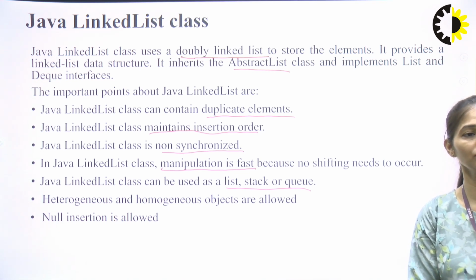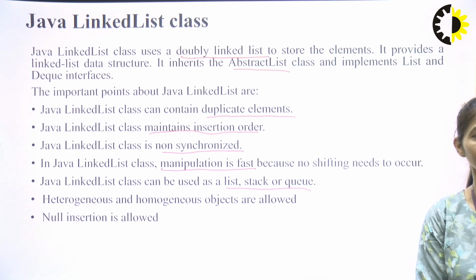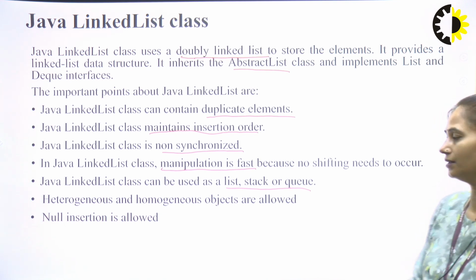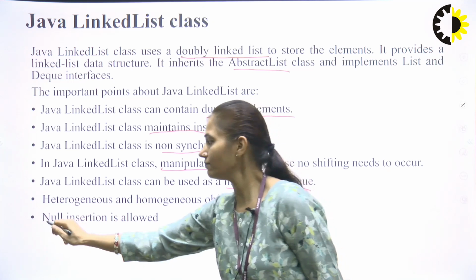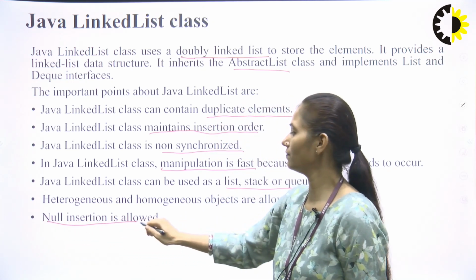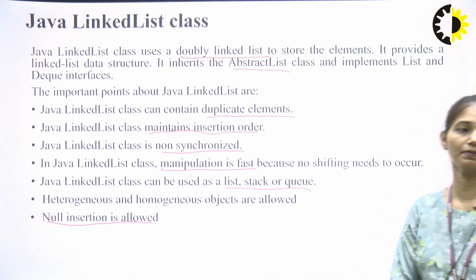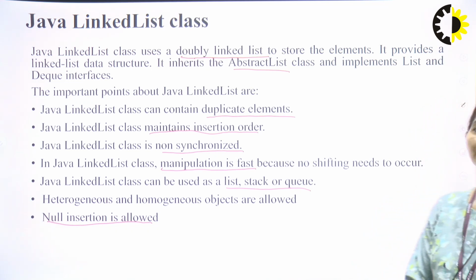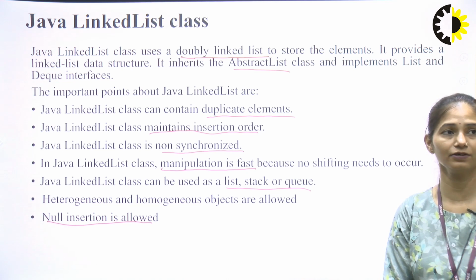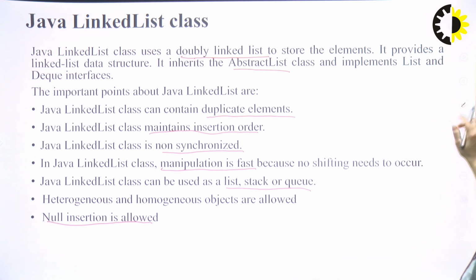Heterogeneous and homogeneous objects are allowed, and null insertion is also allowed. That is, the entries for the previous node and next node can be empty, that is null. So these are the features covered with the Java linked list class.